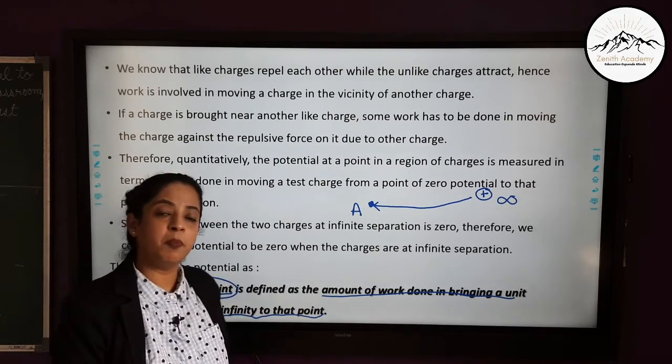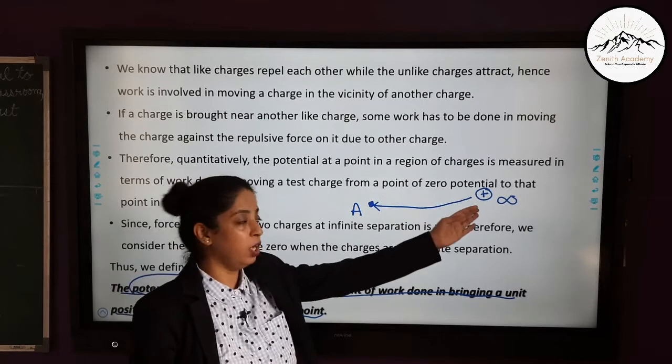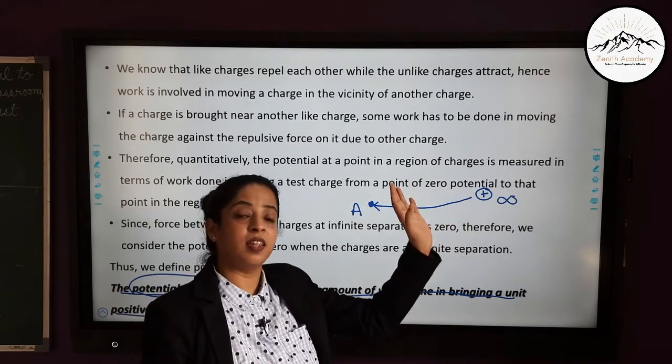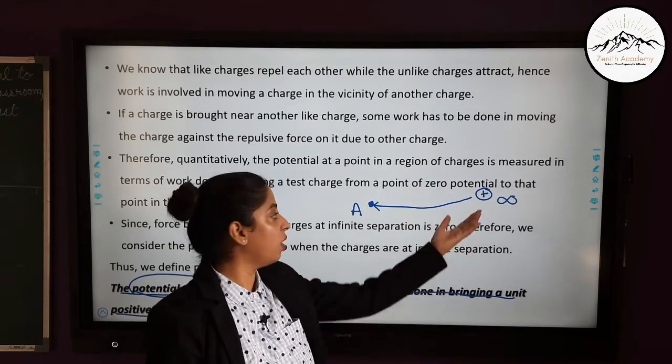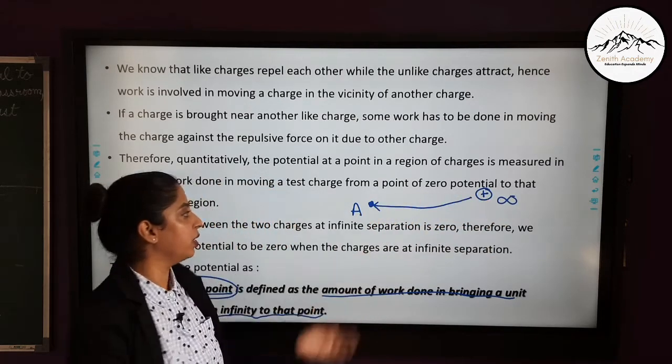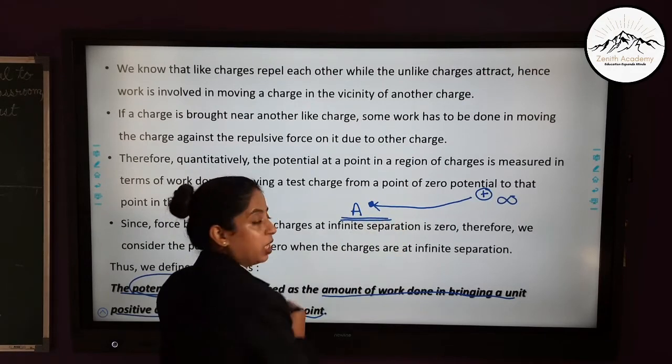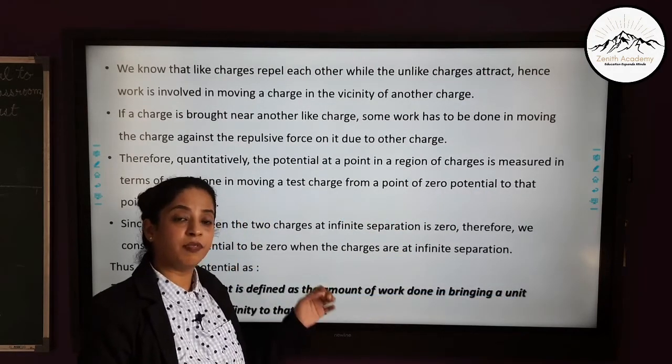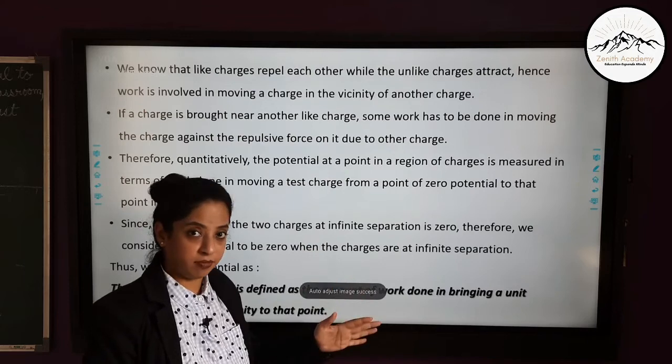So, how do we define potential? If there is a unit positive charge at infinity, then it is the amount of work done in bringing that unit positive charge from infinity to the point at which we want to find the potential. So, this is how you define potential quantitatively.